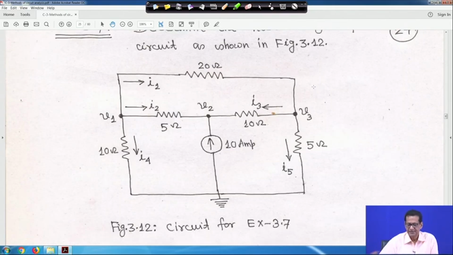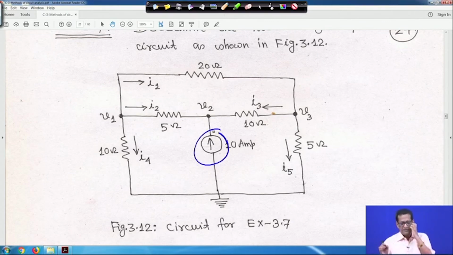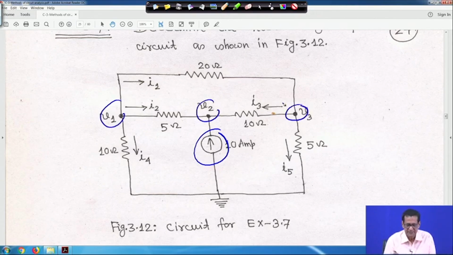In this circuit you have a current source of 10 ampere, and these are V1, V2 and V3. In this case also you apply KCL at node 1. Similarly, I1 is equal to (V1 minus V3) by 20, I2 is equal to (V1 minus V2) by 5.